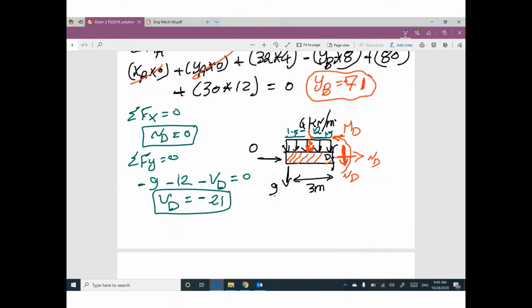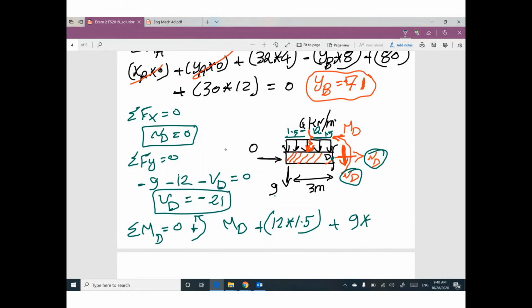The third equation, summation moment at D, and I'm gonna assume this direction is positive. Taking a moment at D will cancel ND and VD, so we still have MD plus 12 times 1.5 plus 9 times 3 equals 0.